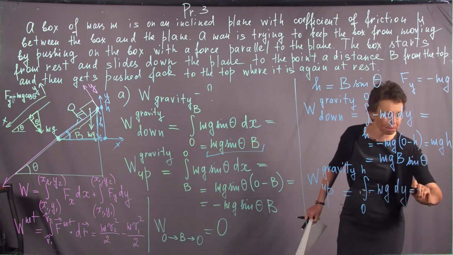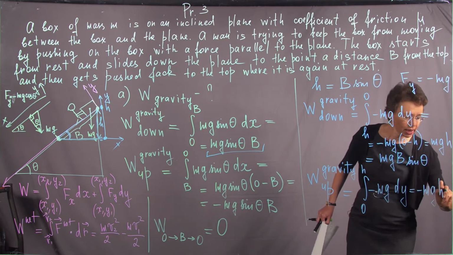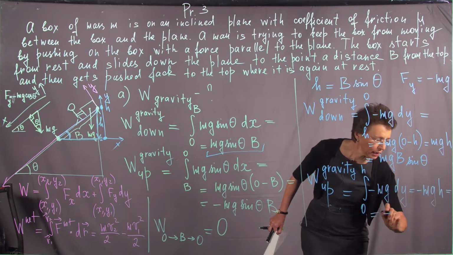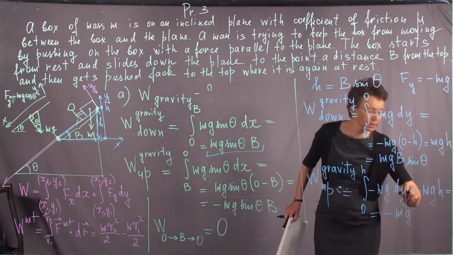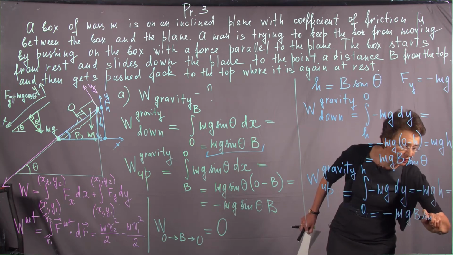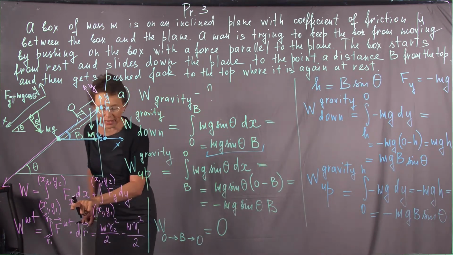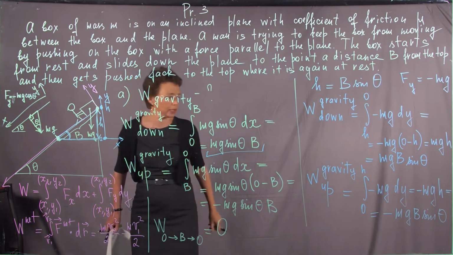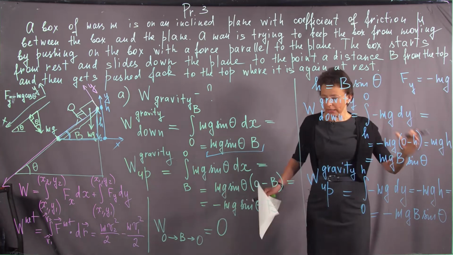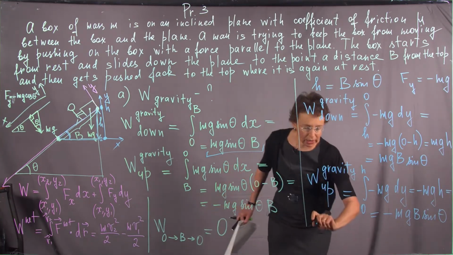It is minus mgh. And if I plug in h, I will get minus mg b sine theta. Again, I ignore the first integral because f sub x with my coordinate system for gravity is 0. Now, no matter which coordinate system you choose, you get the same work.